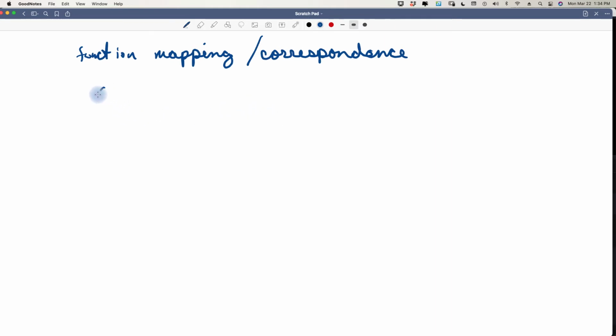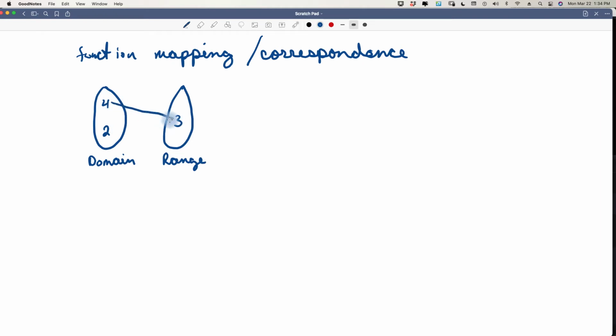So we see in this first one, our domain and our range are illustrated for us here. We are given that we have a domain of 4 and 2 and a range of 3, and both of these have the same y value. So the x values are 4 and 2 and the y value is 3.